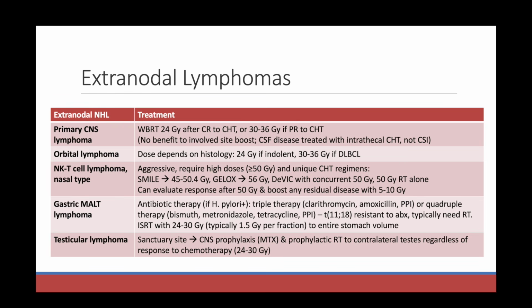So they might need chemotherapy, and then they'll also need intrathecal methotrexate for CNS prophylaxis, and they'll need prophylactic radiation to the contralateral testes to prevent disease from happening there, because the testes and CNS are sanctuary sites. They're not going to get enough chemotherapy. So you give intrathecal methotrexate after the chemo. And then for the contralateral testes, we typically treat them to 24 to 30 gray as prophylaxis.